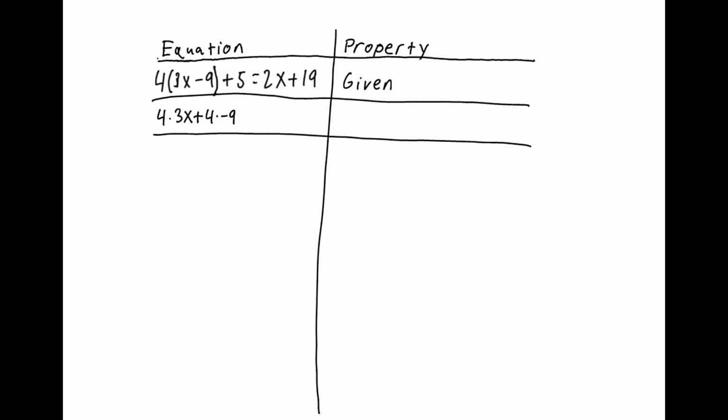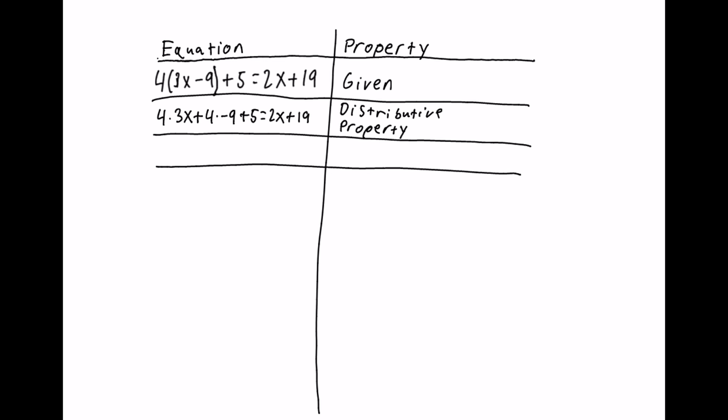Okay? So 4 times 3x, and then 4 times negative 9. Okay? And then everything else drops down. Plus 5 equals 2x plus 19. So, like I said, we did the distributive property there. So that's what we write. Distributive property.